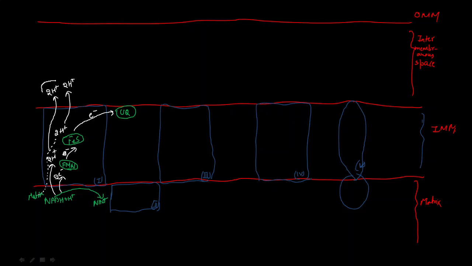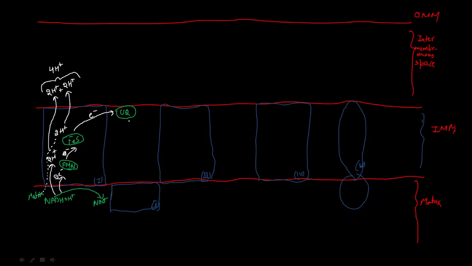So ultimately, how many protons are getting released through the first complex? I can say in total 4 protons: 2 protons from NADH, and 2 protons which were picked up from the matrix. So ultimately 4 protons here.